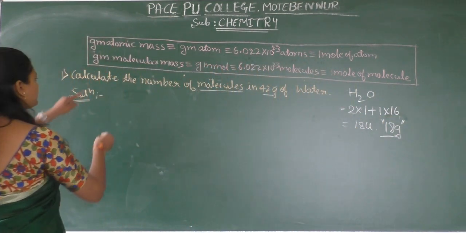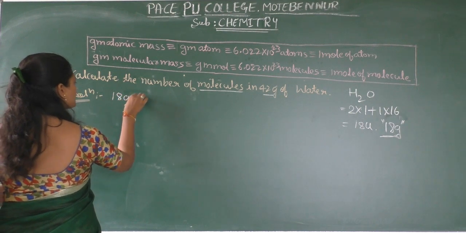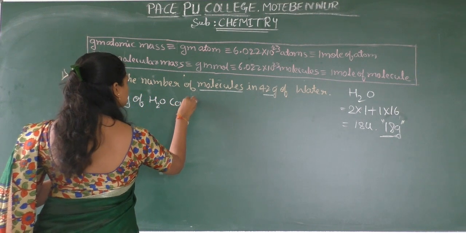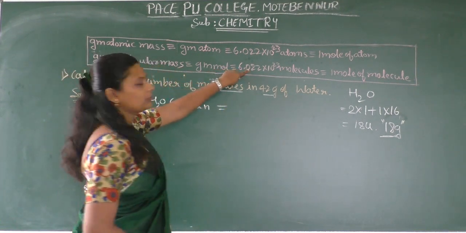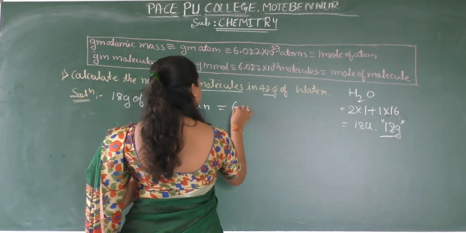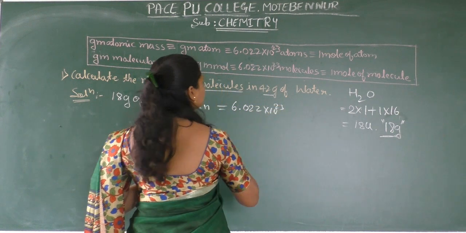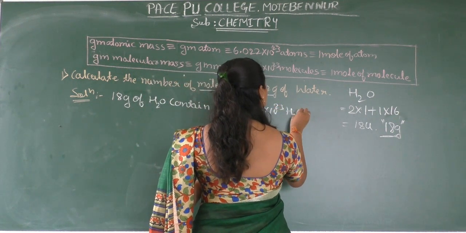Okay, so here 18 grams of water contain how many molecules? So here 6.022 into 10 raised to 23 water molecules.